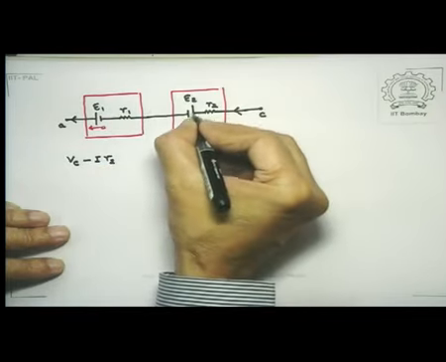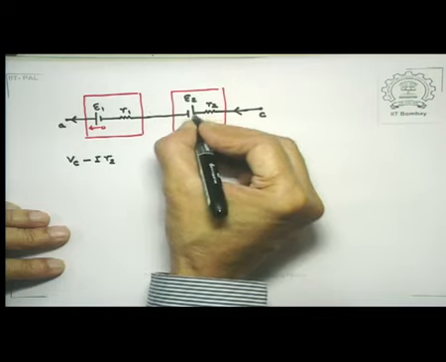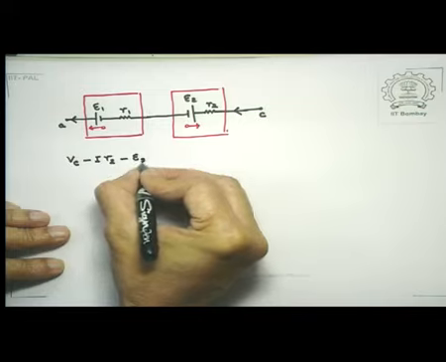Then I have a further drop, because inside the battery I am going from positive terminal to the negative terminal. So minus E2.